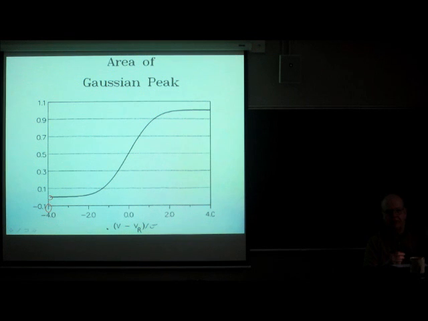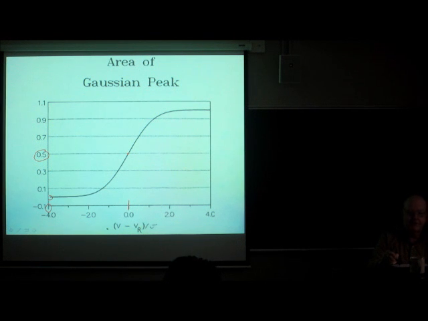But as I approach the peak maximum, I start to acquire area more and more rapidly. When I get to the point where V is equal to VR, right there, I've acquired exactly half of the total peak area. And then as I sweep past the maximum in the peak, I acquire the rest of the peak.